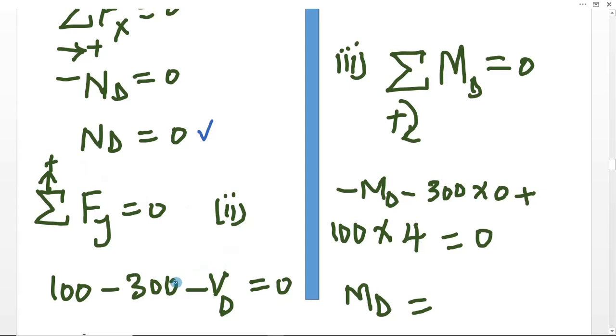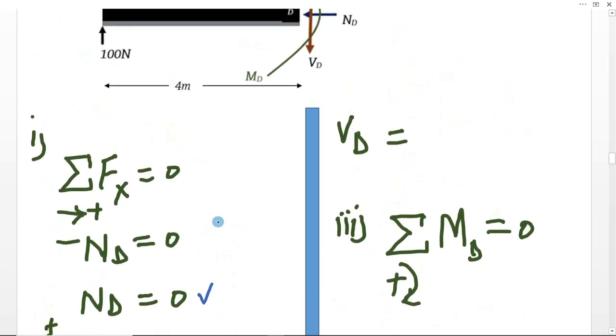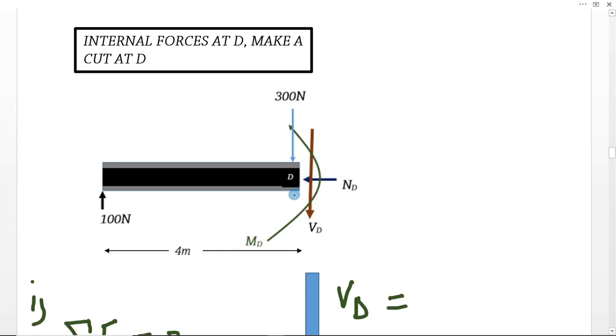Then we will have 100 pointing in the positive y direction, then 300, of course, if you consider this cut, then you'll have a cut that is slightly beyond D, but at a distance that is so negligible that we can consider it to be 0.